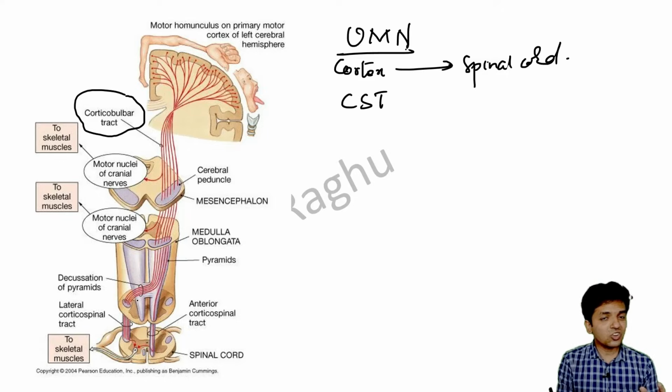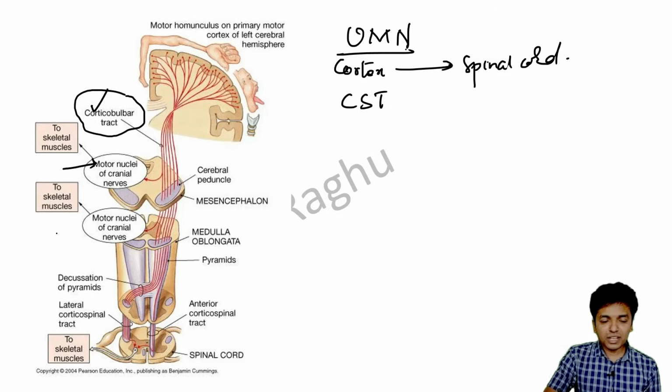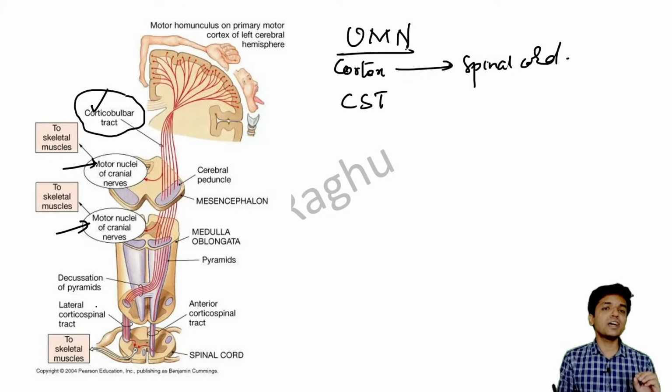Now what is this corticobulbar tract? These are fibers which arise from the cortex and terminate in the motor nuclei of the cranial nerves. Where are these motor nuclei of the cranial nerves present? They are present in the entire brain stem. A few motor nuclei are present in the pons, a few in the midbrain, and a few might also be present in the medulla oblongata.